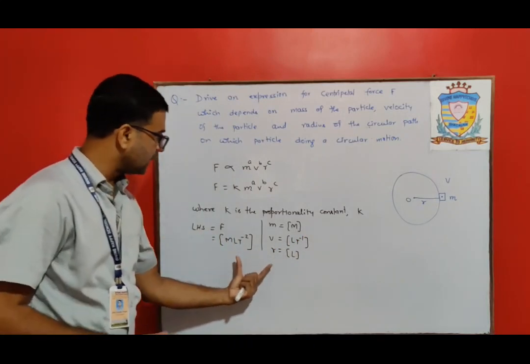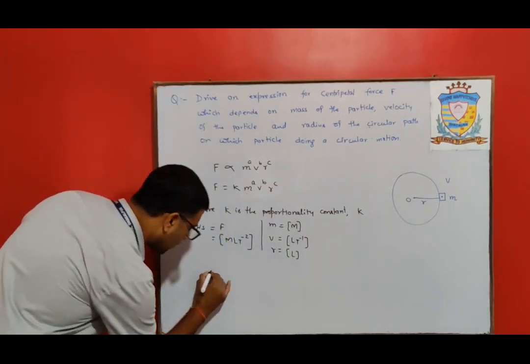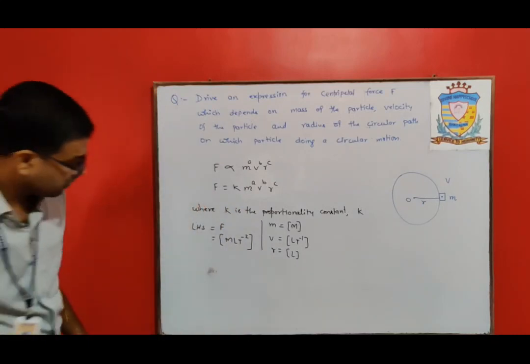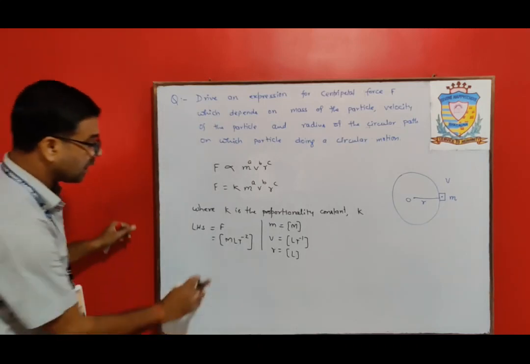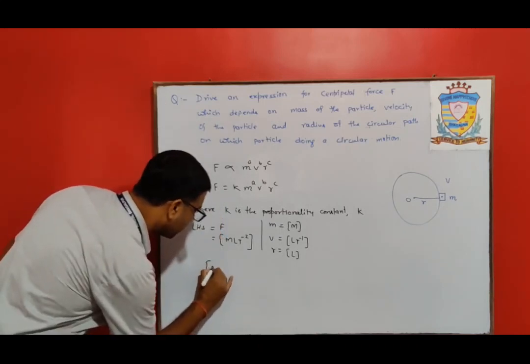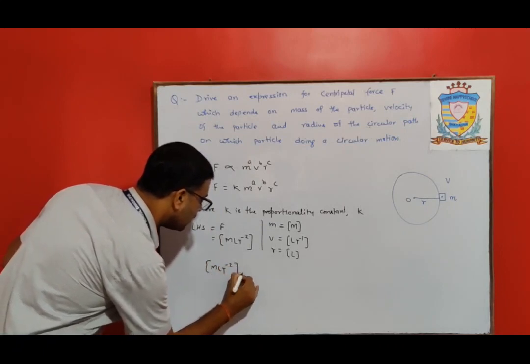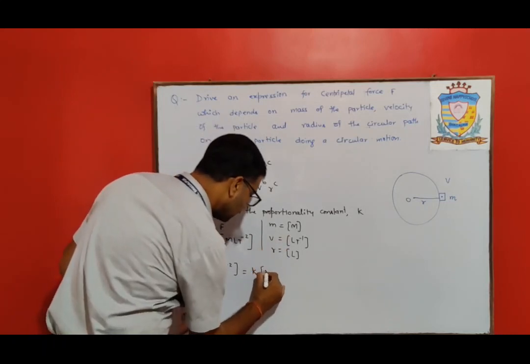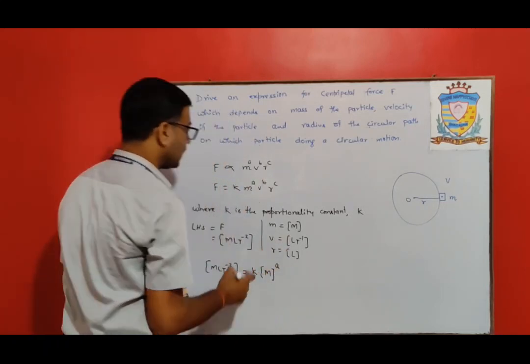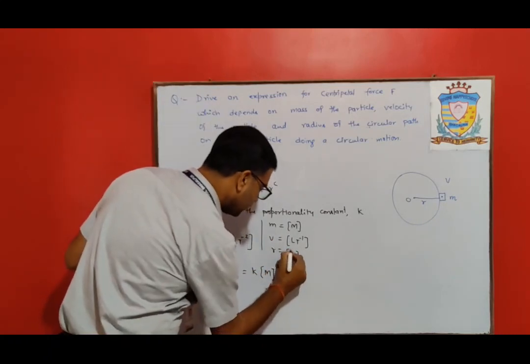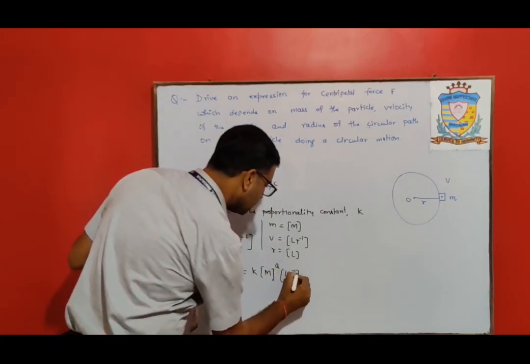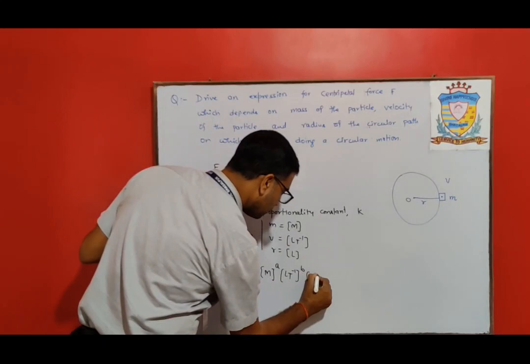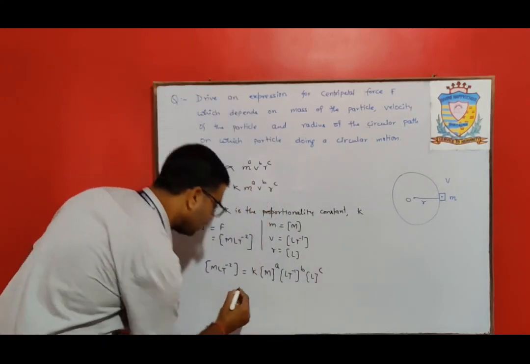Now, put all these in this equation. Put the dimensional formula of F over here: MLT^-2 equals k M^a (LT^-1)^b L^c.